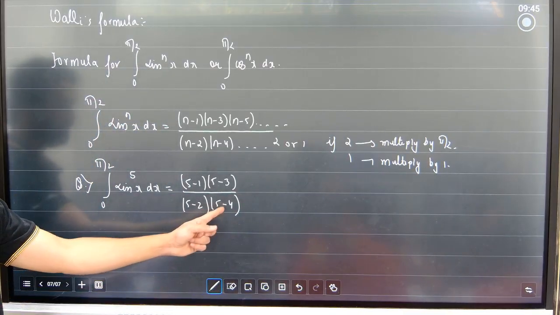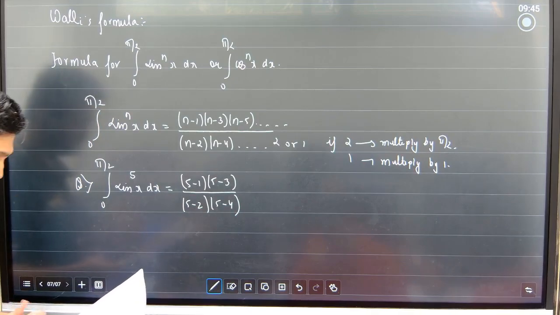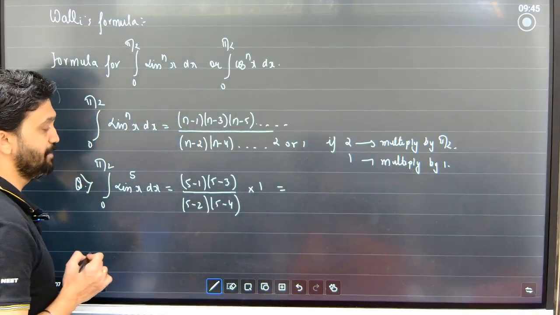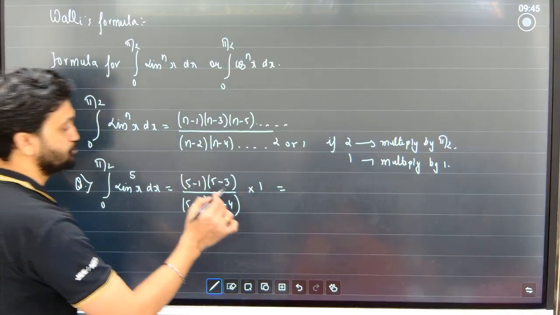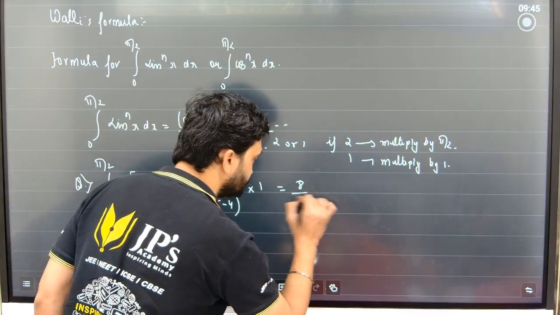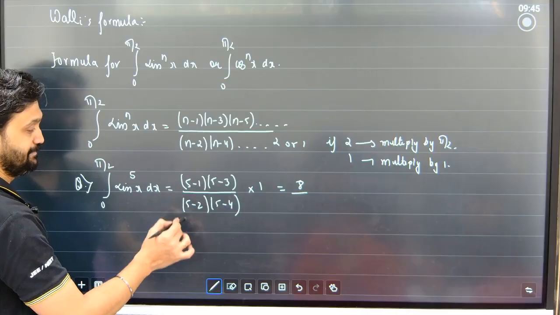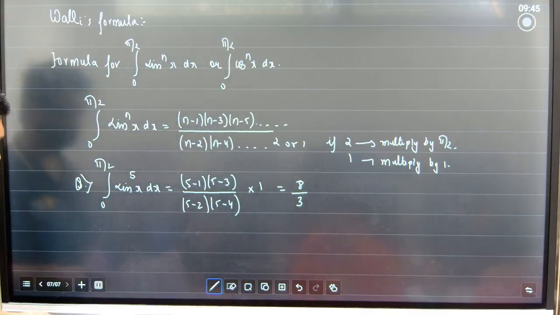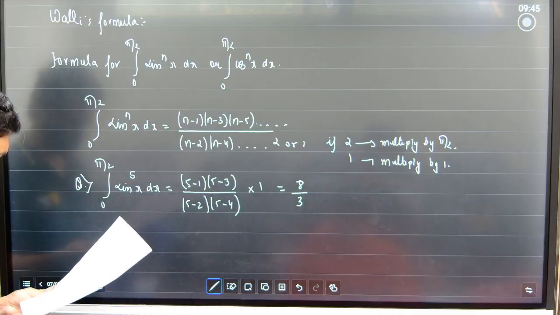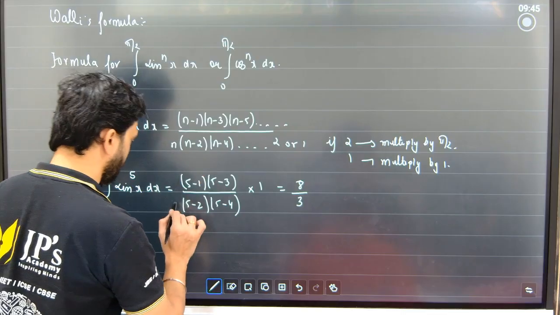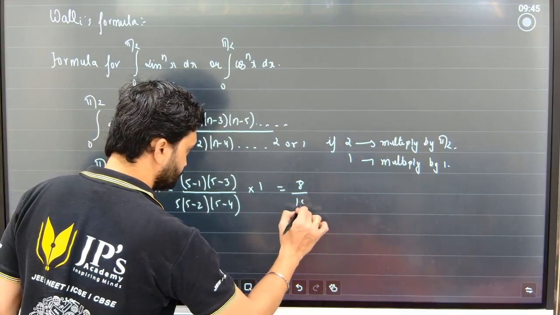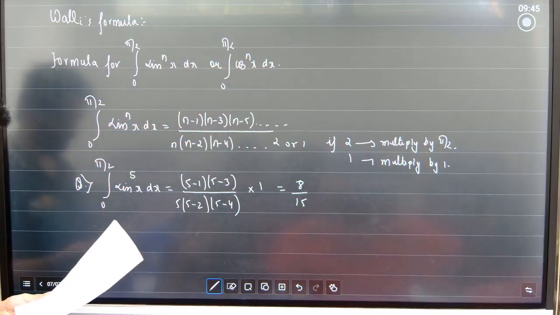Now see, here 5 minus 4 is 1, and since it is 1, I will multiply by 1, and my answer becomes 4 times 2 is 8 upon 3 times 1 is 3. Here n is 5, so this will become 15. So 8 by 15 is the answer.